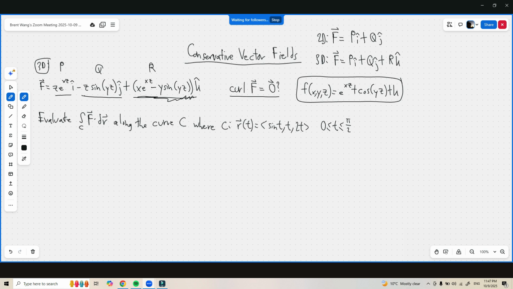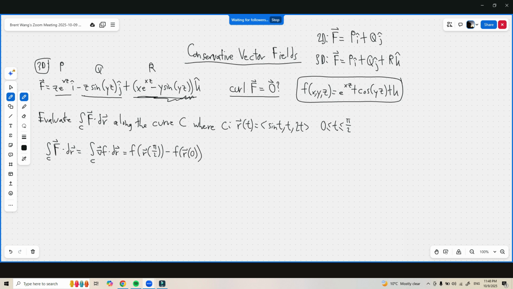So we know that this vector field F is conservative, so that means that the integral over C of F dot dr is equal to the integral of this gradient dot dr, which is equal to f of r of pi over 2 minus f of r of 0.